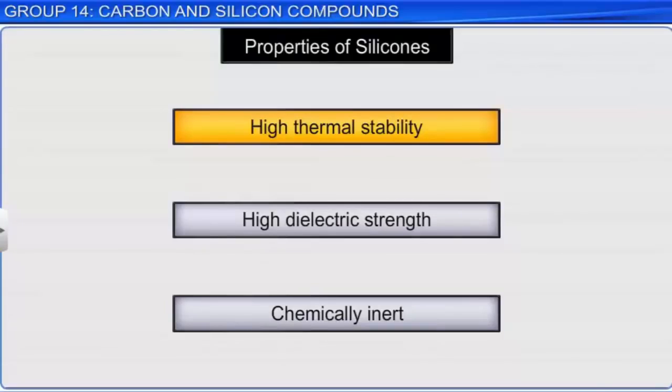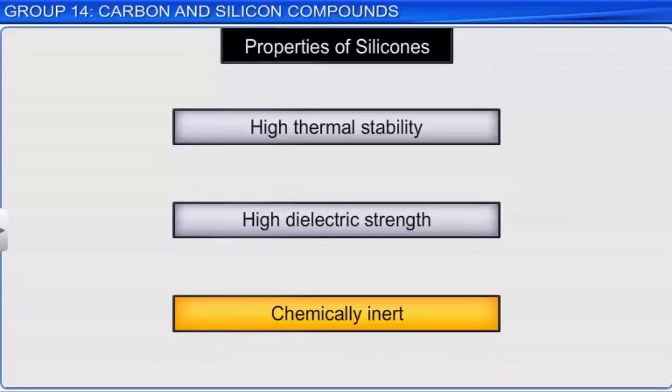They have high dielectric strength, which means that they can withstand high electric fields without breaking down. They are essentially inert chemically. They are resistant to oxidation and to most chemicals.